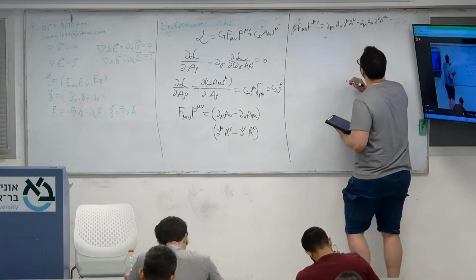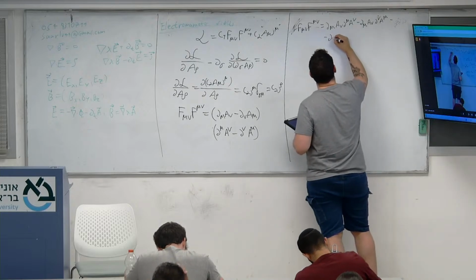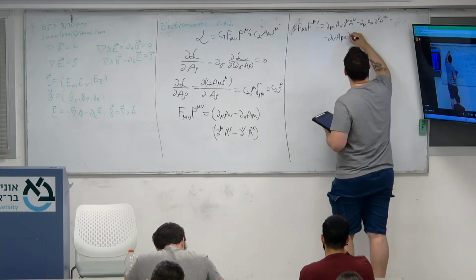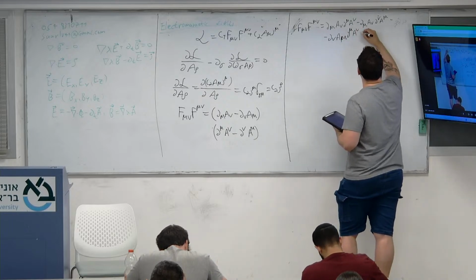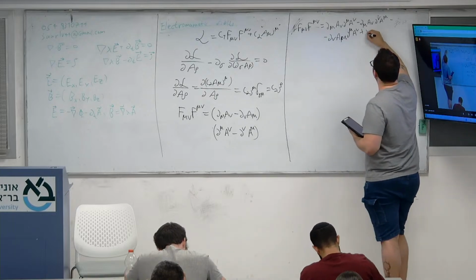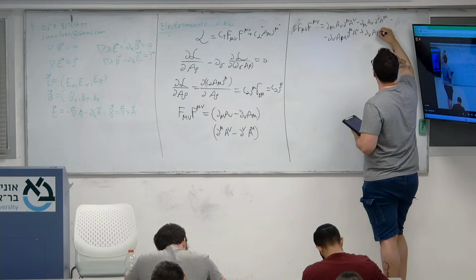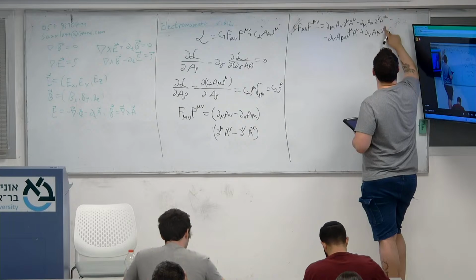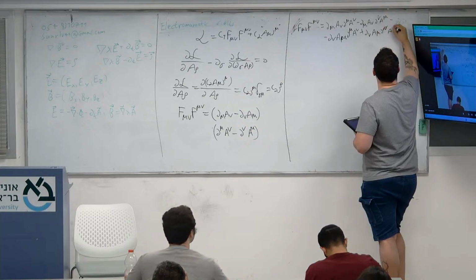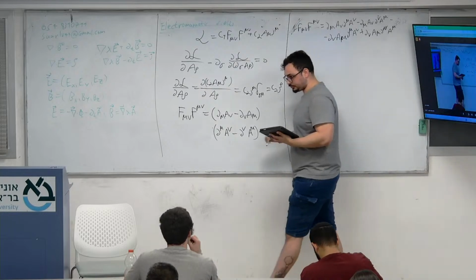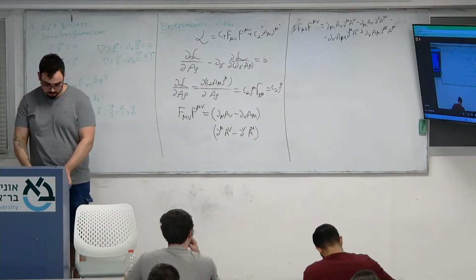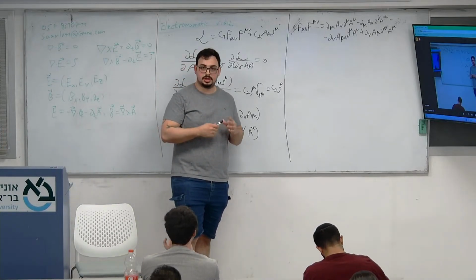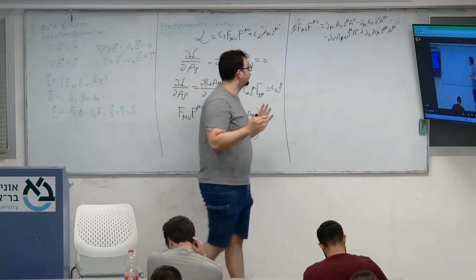Let's remember that the mu and nu are just random indexes. They don't have any meaning.